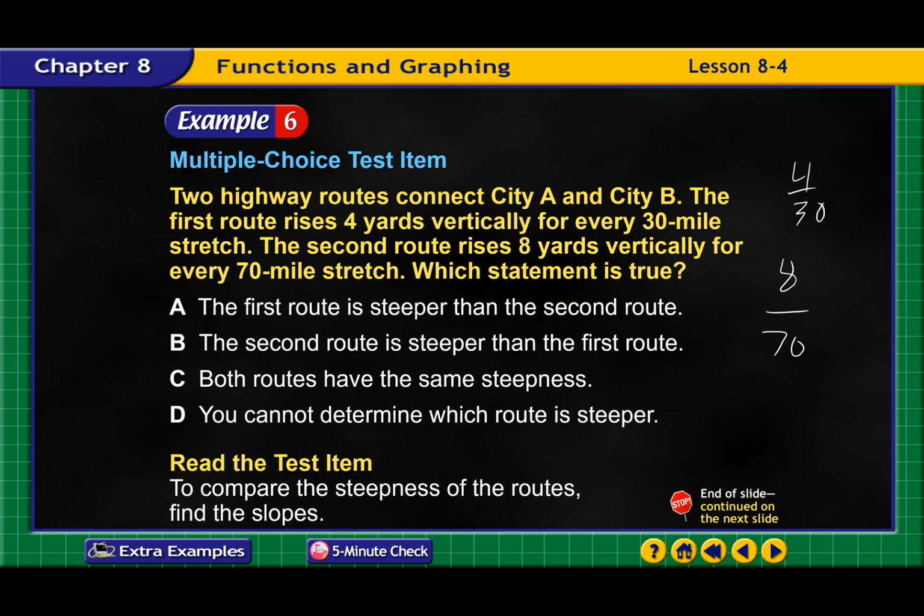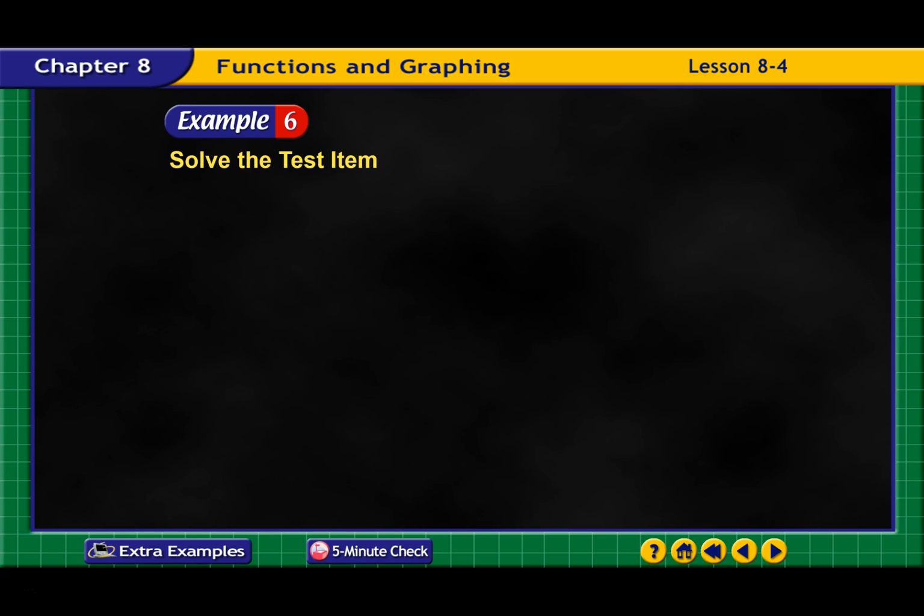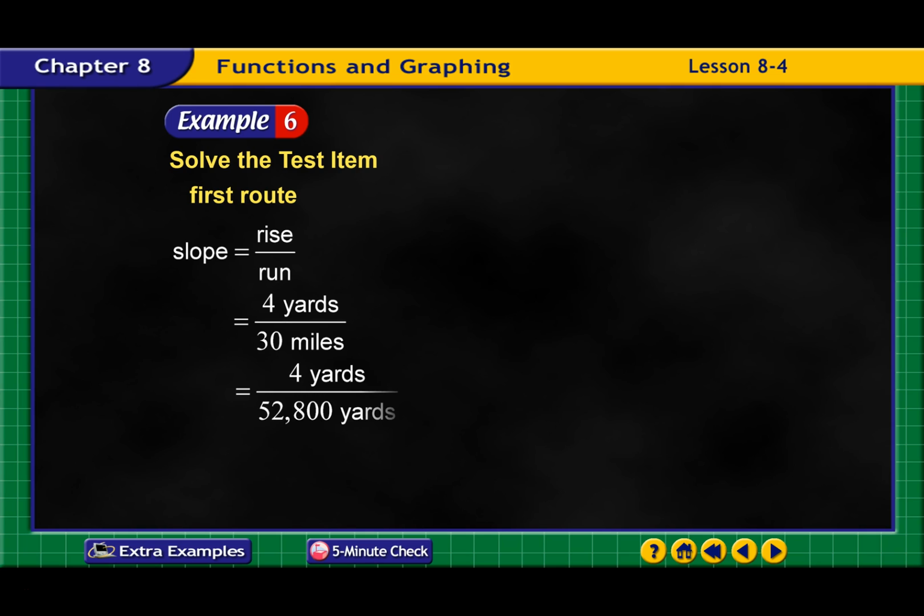All right, so we need to compare the routes, so we need to find the slope of each one. I kind of already did that. The first route is rise over run, so it was 4 yards over 30 miles. We can convert that into all yards, so about 0.00076.